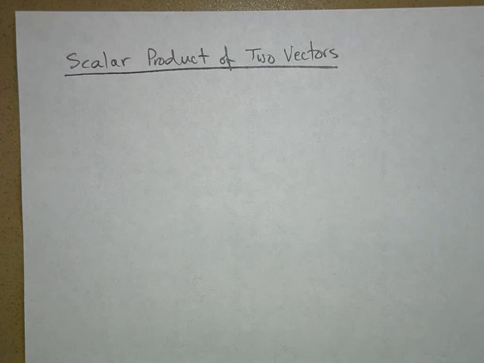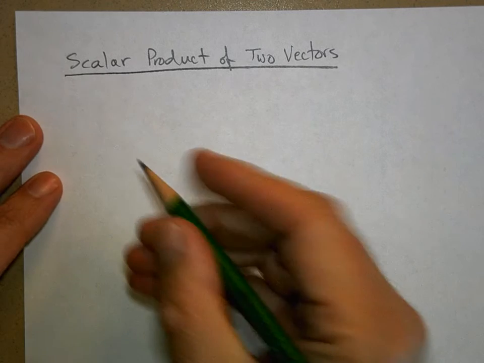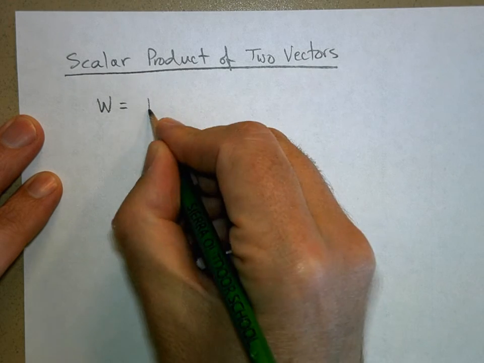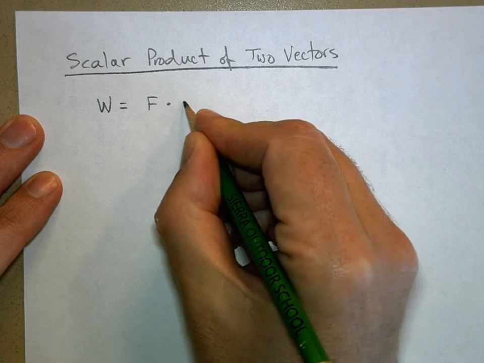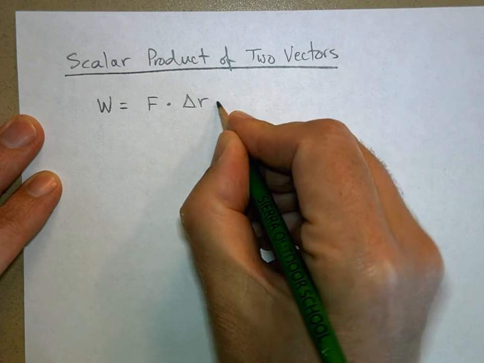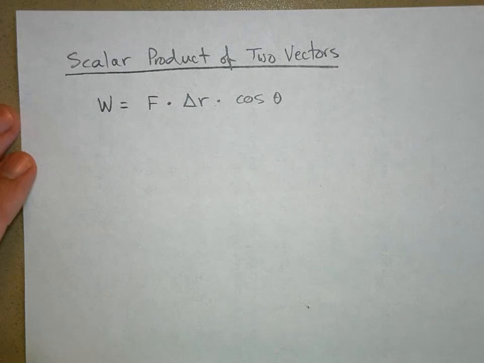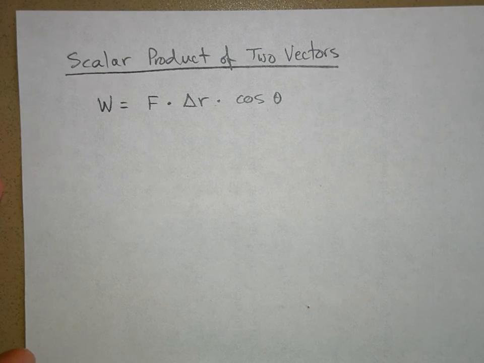Okay, today, scalar product of two vectors, and let's review a little bit of our definition for work, and this will justify us studying scalar products. We said that work was equal to a force times a displacement times the cosine of the angle between them, and between the two vectors.